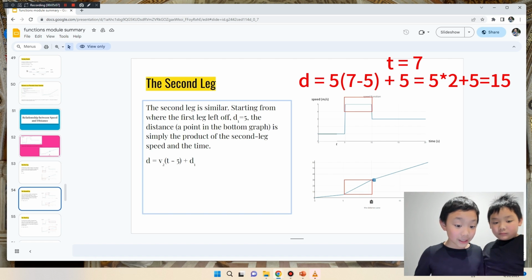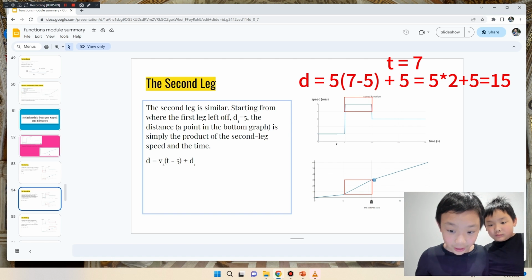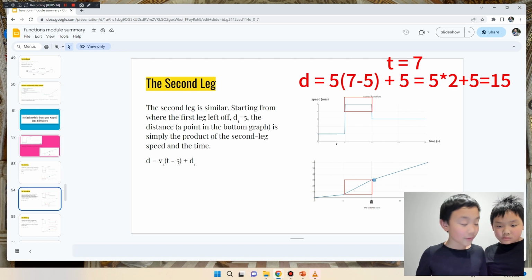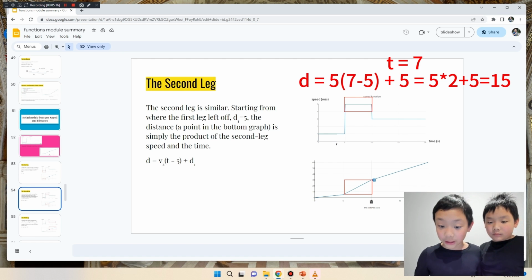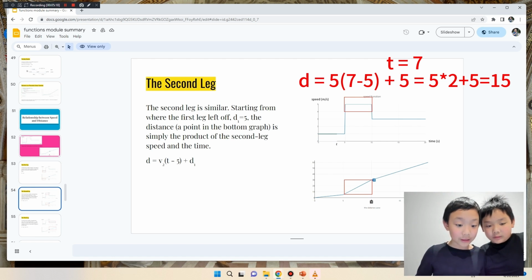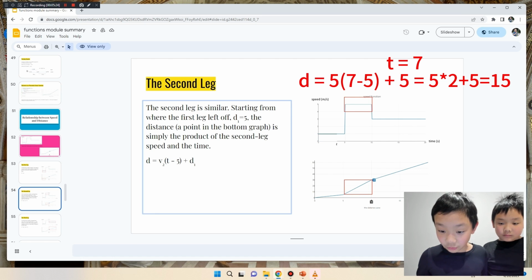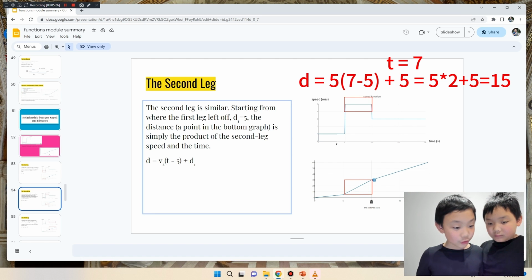So that's 10 distance plus d1. d1 is 5, because leg 1 is 5. So 10 plus 5 is 15. So when the time equal to 7, the distance is 15. It should be right here on the distance graph.